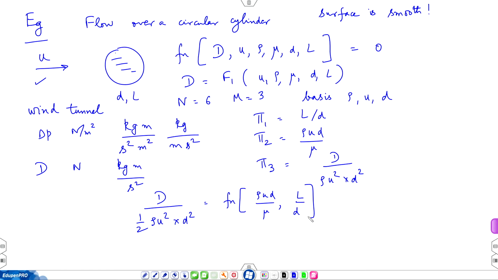So, once again you have a linear dependence between force acting on the object and the length of the cylinder. So, extracting L over D to the left hand side, you have D over half rho u square into L d is equal to function of Reynolds number.